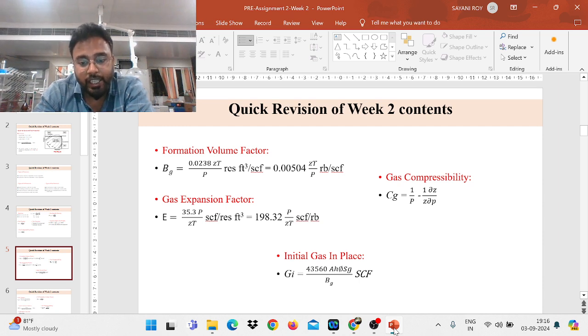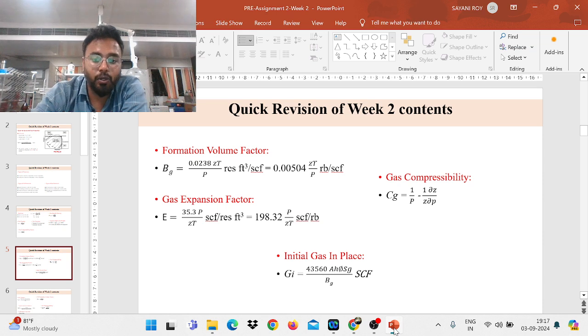And for the initial gas in place, the formula is GI, that is gas initial, equal to 43560 area into height into porosity into saturation of gas divided by the formation volume factor of gas. And the unit is SCF, standard cubic feet.